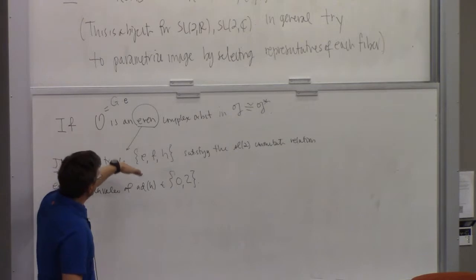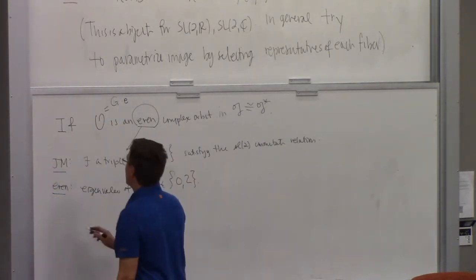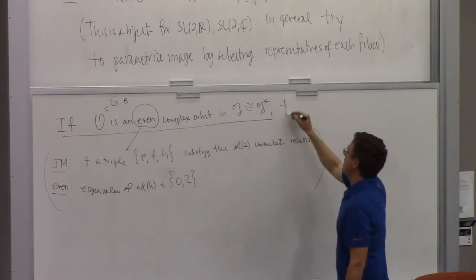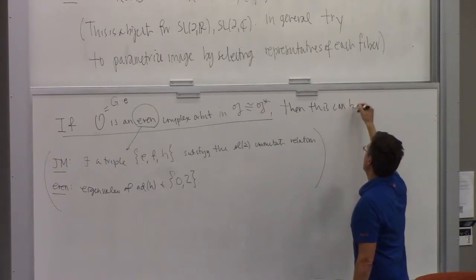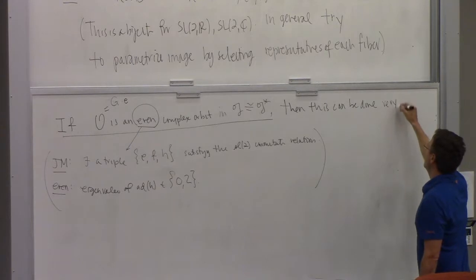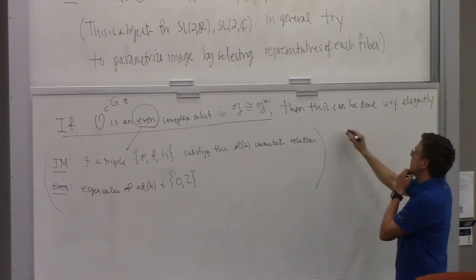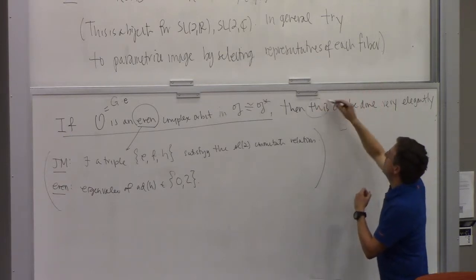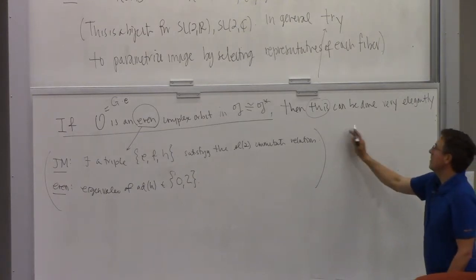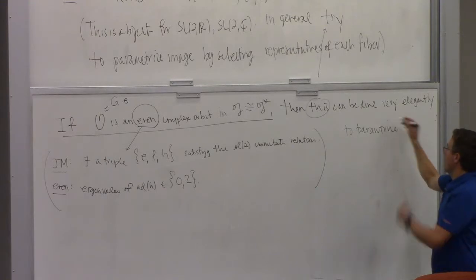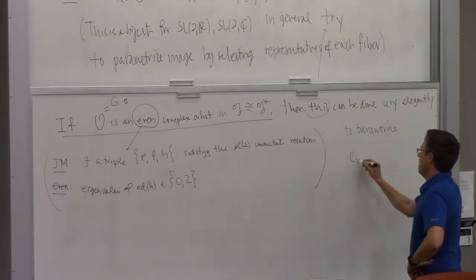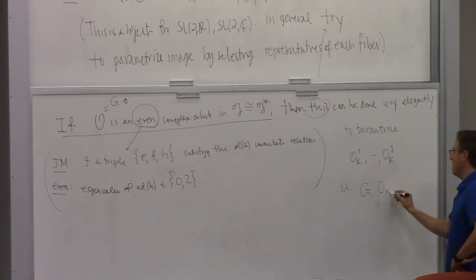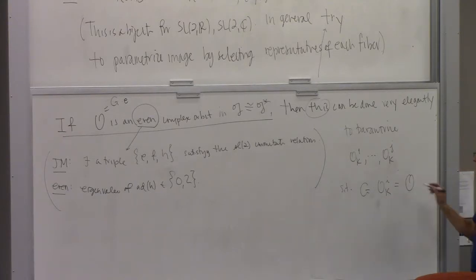So if I start with an even nilpotent orbit, let me complete the sentence. This was supposed to be a pop-up window when you click on even. So in this case, this idea can be done very cleanly, very elegantly, to parameterize the K orbits that appear in the associated variety construction for this fixed even orbit.